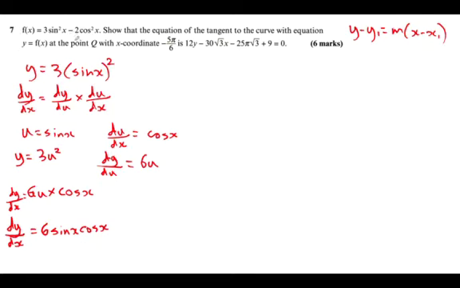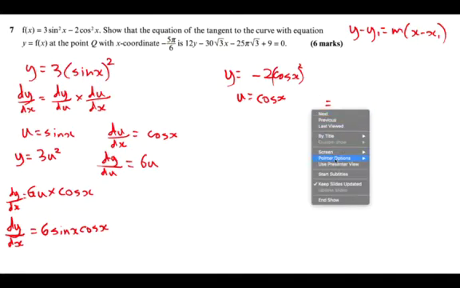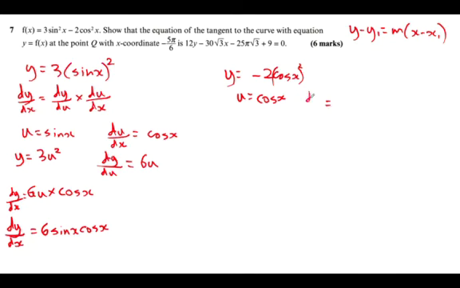Now let's look at this one. I'm going to take y equals minus 2 cos x all squared. Similarly to last time, I'm going to do u equals cos x. So du dx equals minus sine x. Substituting my u into this y equation, I get y equals minus 2u squared.